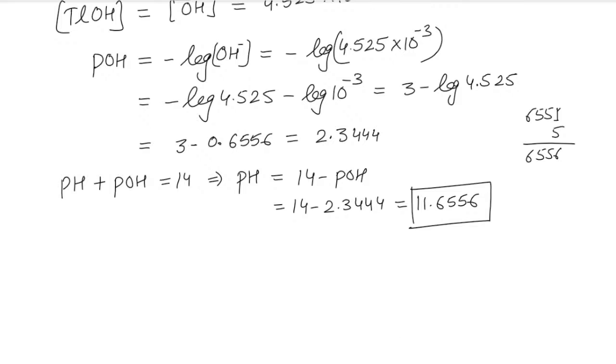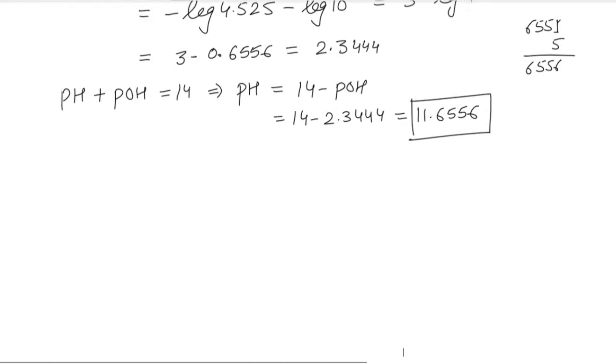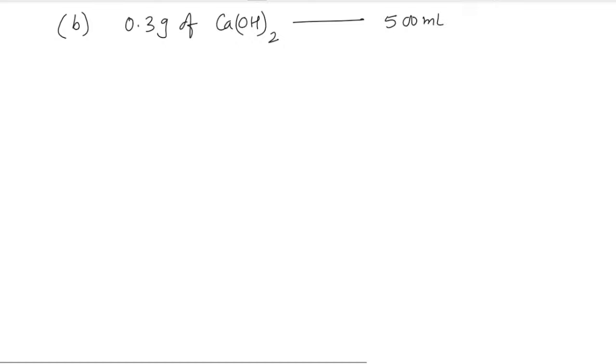Let us do one more. That is B. So B part is, we have 0.3 gram of calcium hydroxide dissolved in water to give 500 ml of solution.